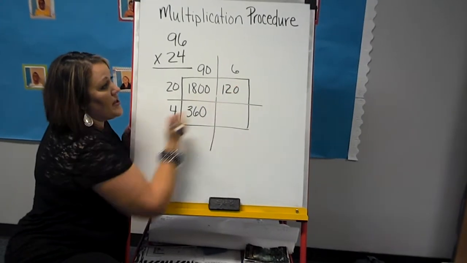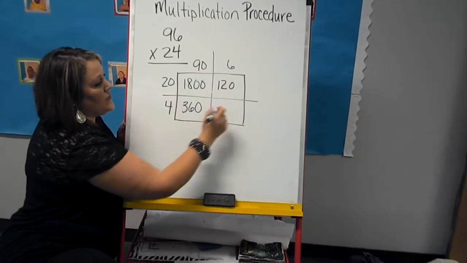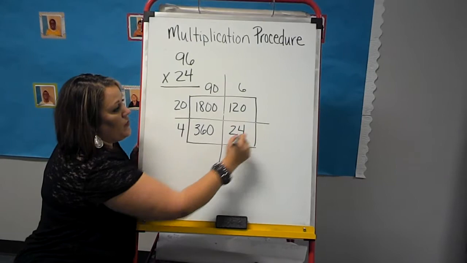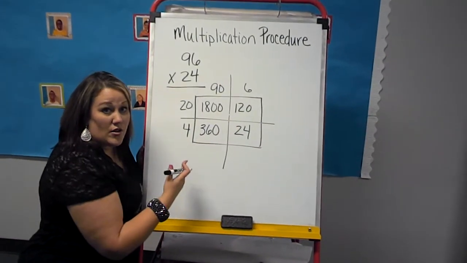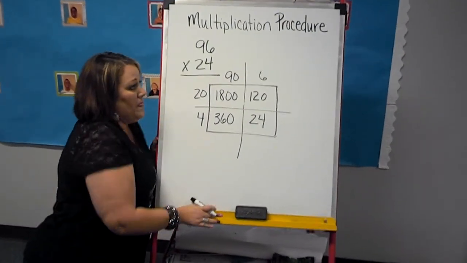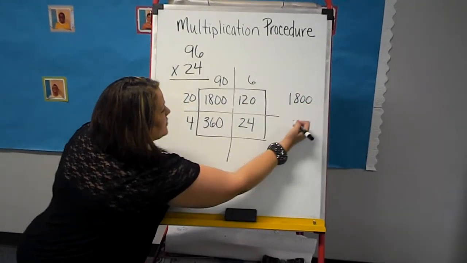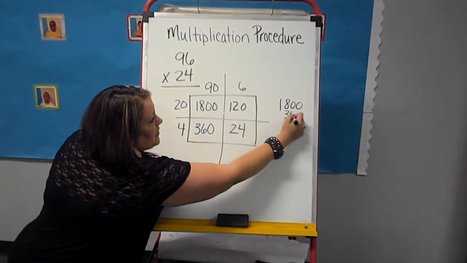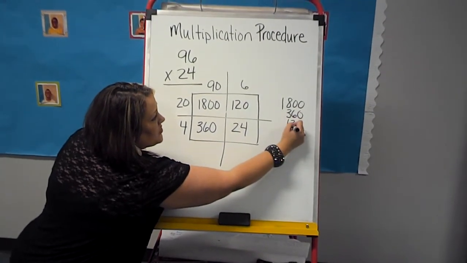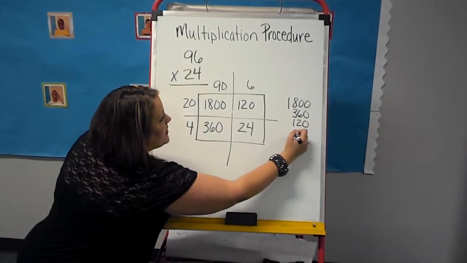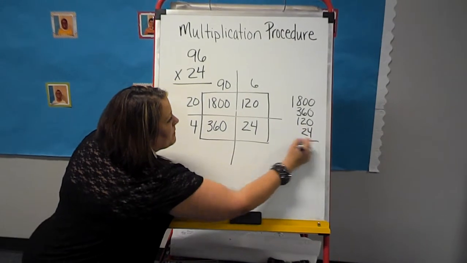Put the 0 on the end. And 6 times 4 is 24. Once again, we're going to line all of those up and then add. So we take 1,800 plus 360 plus 120 plus 24.